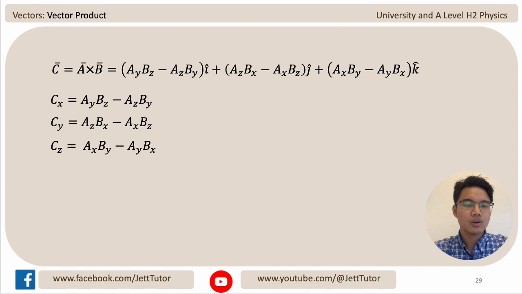Okay, so now let's talk about the cross product in the general form. Vector C equals vector A cross vector B, which equals AyBz minus AzBy in the i component or x direction, plus AzBx minus AxBz in the j direction or y direction, plus AxBy minus AyBx in the k direction.